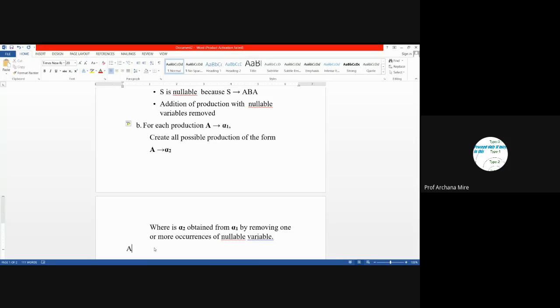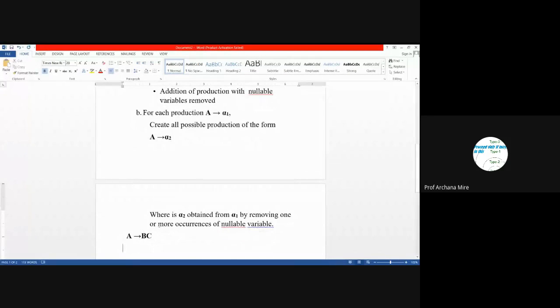If there exists a production rule, I will simply copy this here. So if there exists a production rule like this, A leading to BC, and we have observed that B is nullable and C is also nullable, then what will we do? We will insert some more new production rules in the grammar.